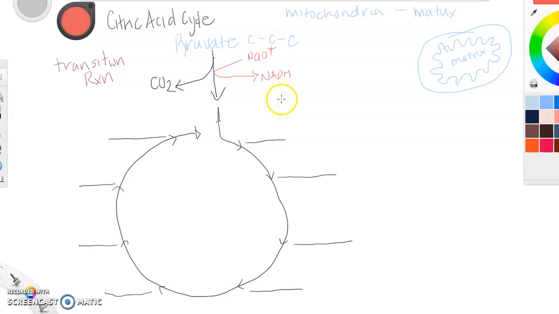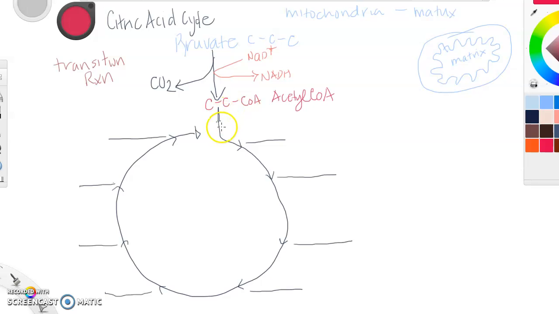Once it's over, we add a coenzyme A. And so what we end up with is a 2-carbon molecule with a coenzyme A called acetyl-CoA. And this acetyl-CoA can go into the citric acid cycle.